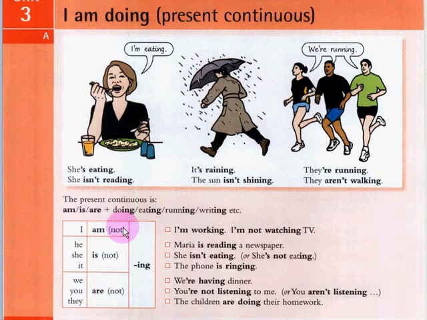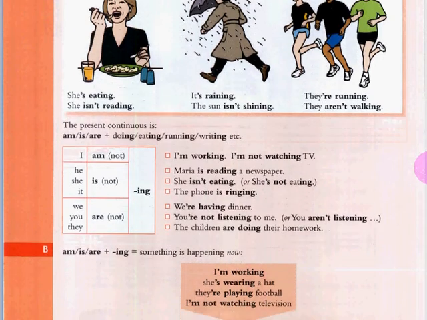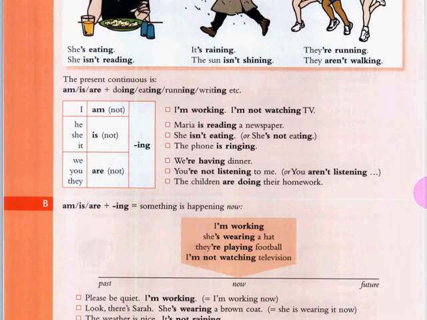I also gave you some examples of sentences in the present continuous tense. Now, let's go further, okay? We learned that in the present continuous tense, we use linking verbs plus the verb in the ing form, right? So it means something is happening now.